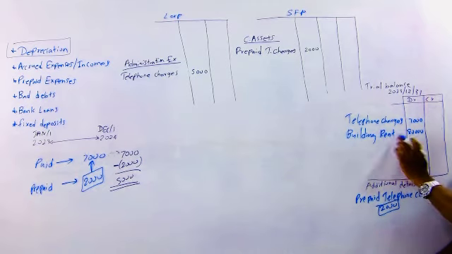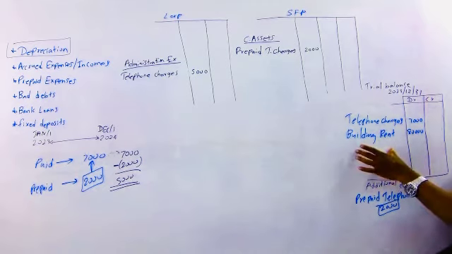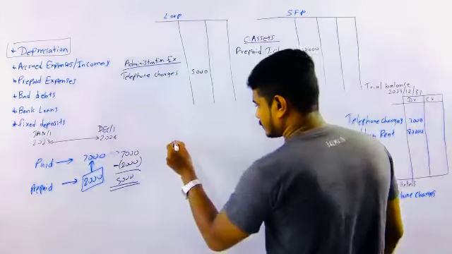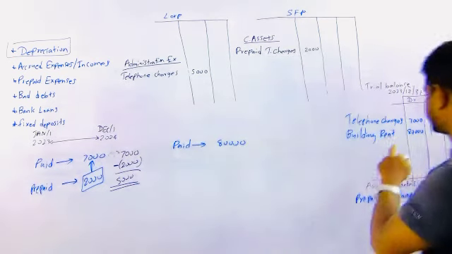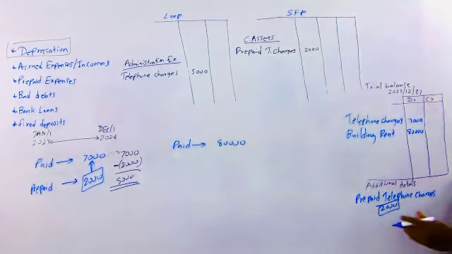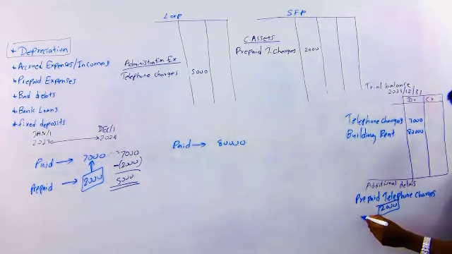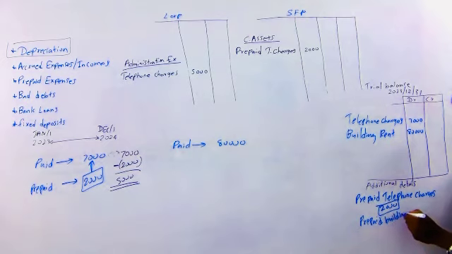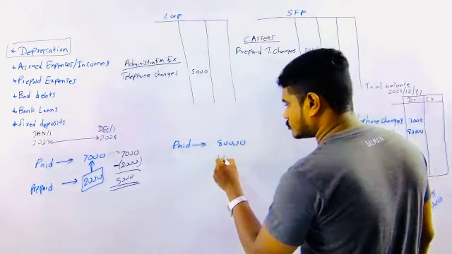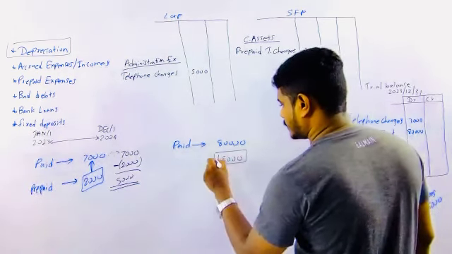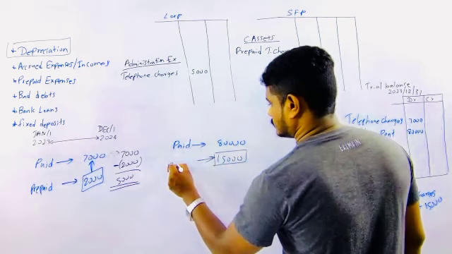And they have mentioned 80,000 of building rent. It means we have already paid 80,000 for building rent. But under the additional details, they have mentioned prepaid building rent 15,000. It means we have paid 15,000 prepaid. This one is prepaid.